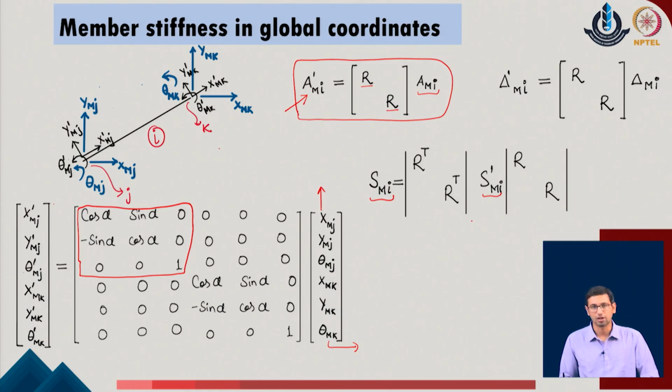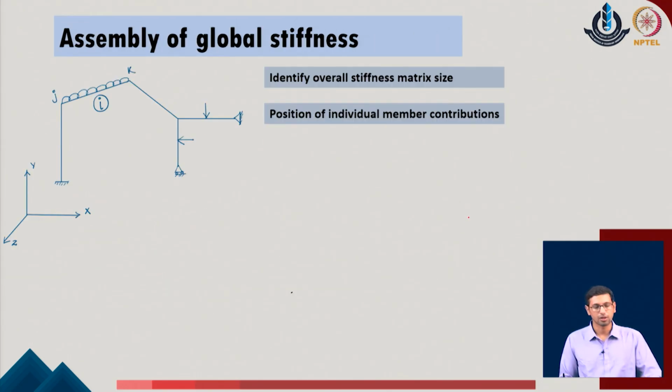Now, once we have this relationship available, we go with the identification of the global stiffness of the given system. As in the previous system, we come up with the numbering of the joints, say 1, 2, 3, 4, 5 and 6. We understand that at each joint there will be 3 degrees of freedom, identified as 2 translations and 1 rotation.